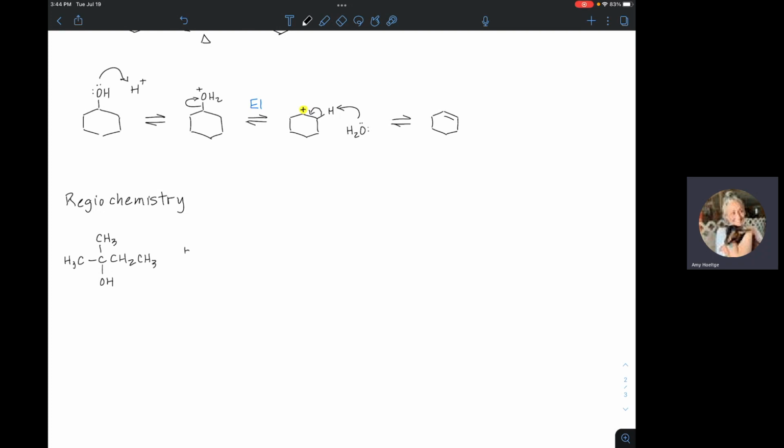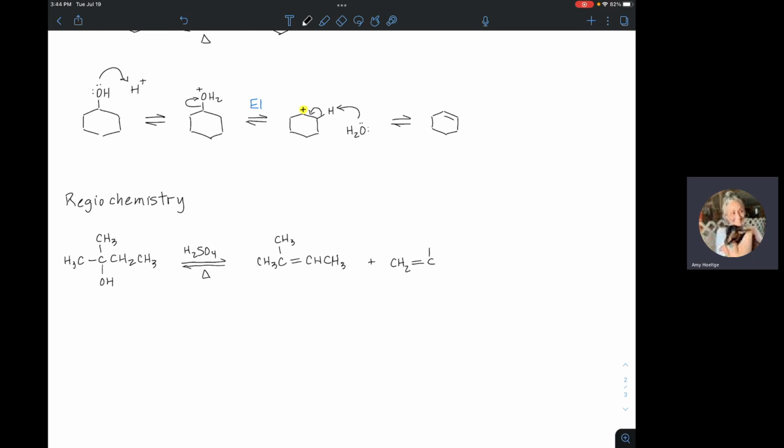I can protonate this. So sometimes you'll see H2SO4, sometimes you'll see just H plus. Just realize that this is your acid catalyst. We could either get our major product here, so the more highly substituted alkene, or we could get the minor product, which would be the less substituted alkene.